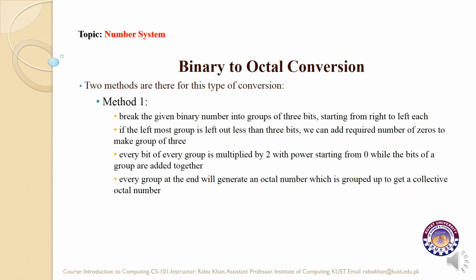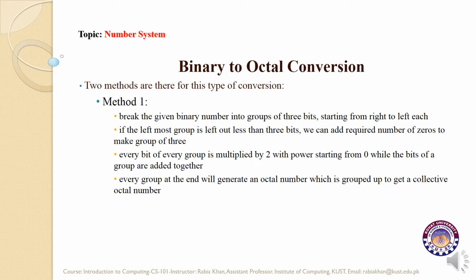We have already discussed their use in previous lectures. In today's discussion, we are going to perform binary to octal number system conversion. There are two methods for this type of conversion, and you can follow any one of them. I will be discussing both of them with examples so that you can understand both techniques.